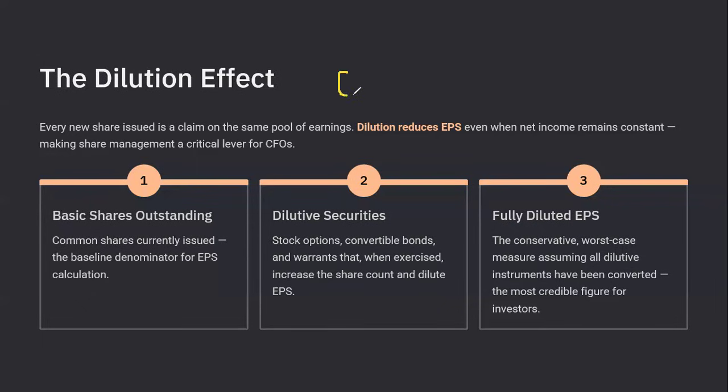So if you want to just memorize, when my earning per share is initially 100 divided by 10 was equal to 10. I want to dilute. It means I'm interested to reduce the earning per share further down.